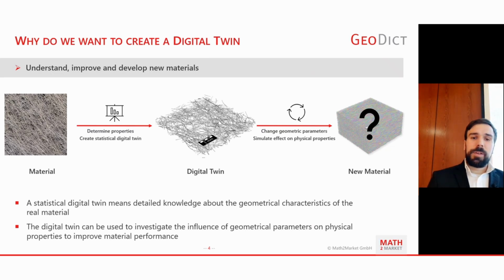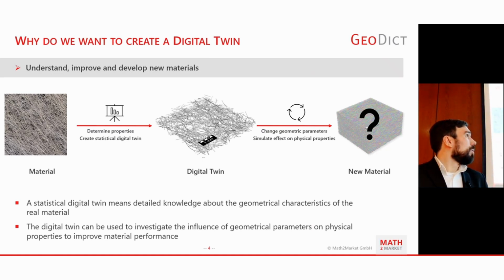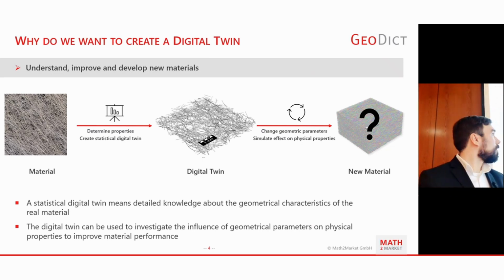So we can optimize the material for certain properties, in filtration applications, for example, to optimize dust holding capacity or pressure drop. In nonwovens, in many applications, we also optimize mechanical properties if you're interested in this. So it gives us a lot of options to play with the material and see how it would behave if we change any geometrical property.